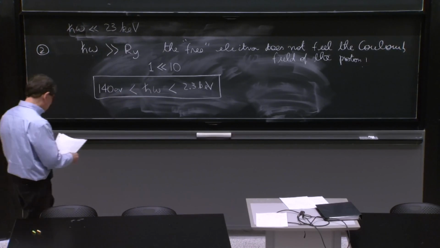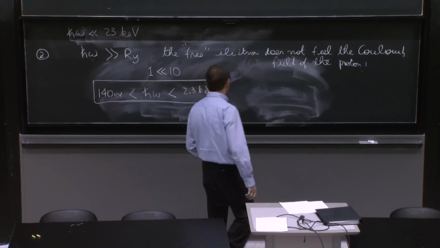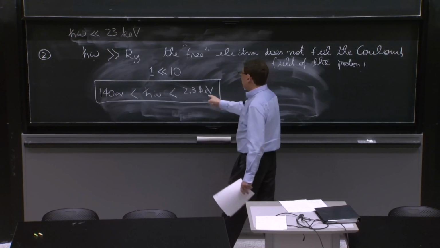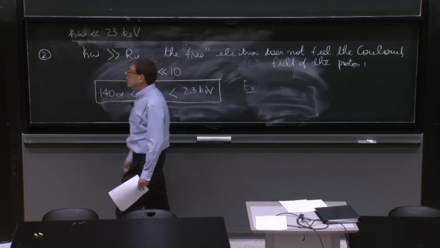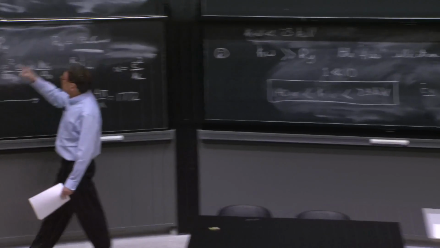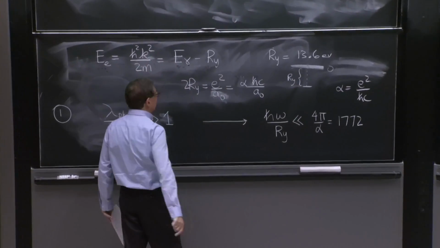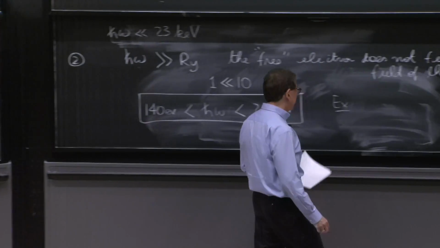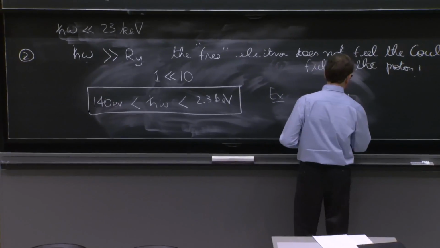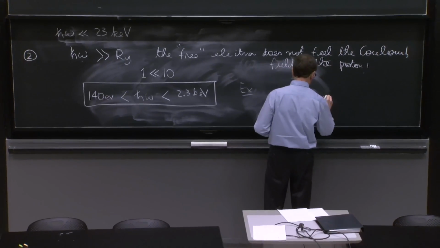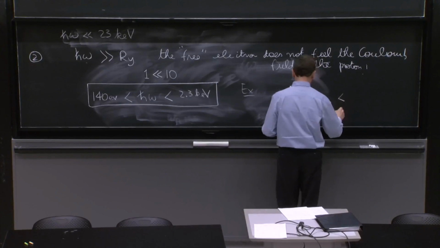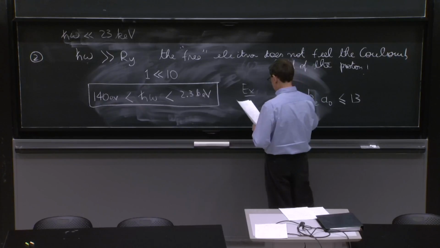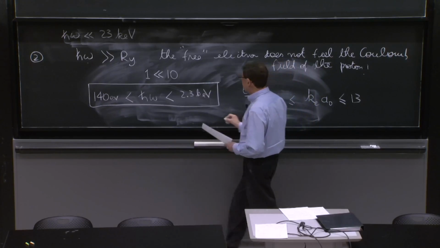I want to emphasize one more thing that, maybe I can leave as an exercise. Whenever you have a photon in this range, you can calculate the K of the electron. And you can calculate how the K of the electron behaves. And you find that K of the electron times A0 is in between 13 and 3 for these numbers.